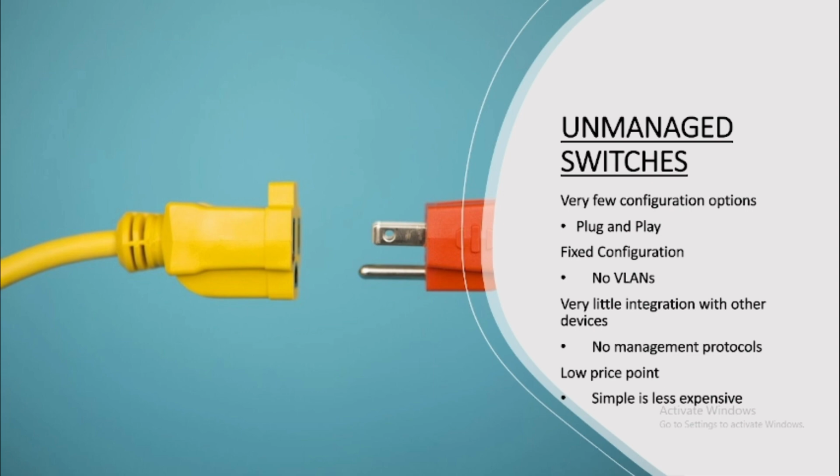An unmanaged switch commonly has no SNMP capability. So although you could connect it to your network, there would be no way to poll or query that device for performance information.